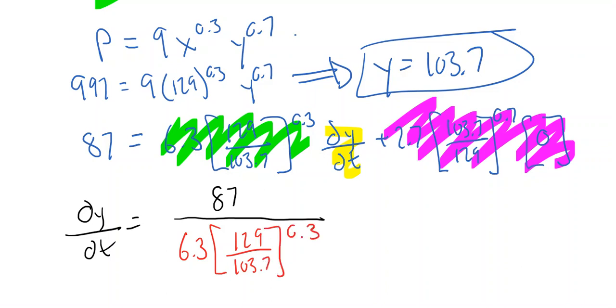When you do the math on that, if I didn't make any algebra or arithmetic mistakes, it ends up being 14.74. That is what we are looking for, dy/dt. That is the production function problem.